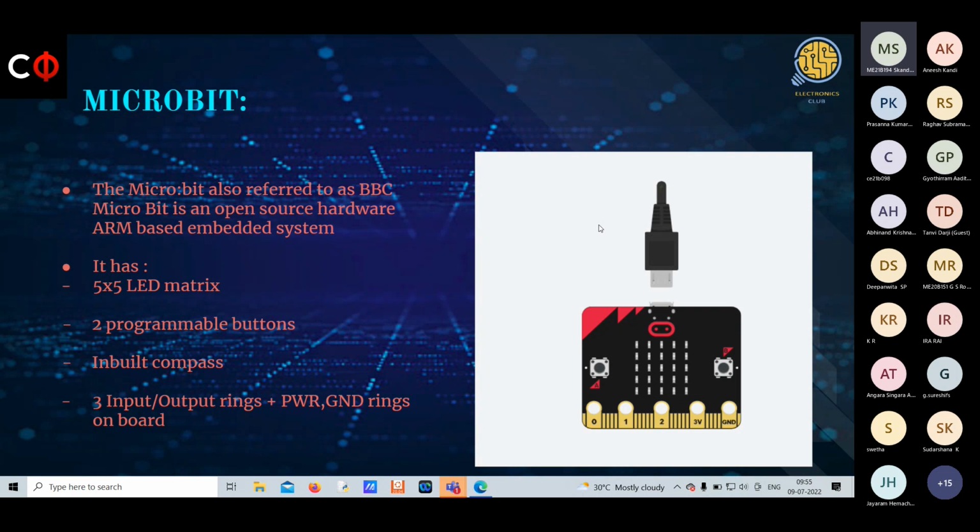Each of the 25 LEDs that you're able to see here, so we have a 5 by 5 LED matrix, is individually programmable and can display animated patterns and arrows, which again would be used in our upcoming project, and scrolling text. This is a functionality that is really cool.